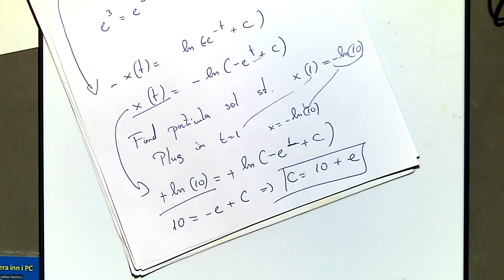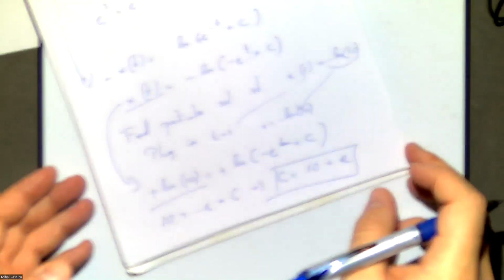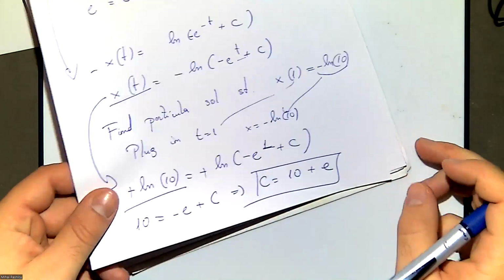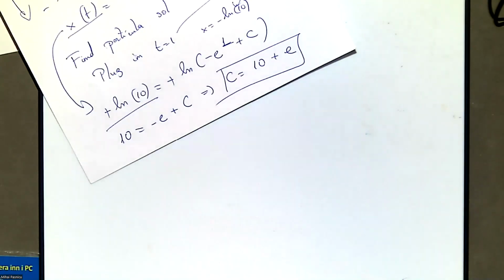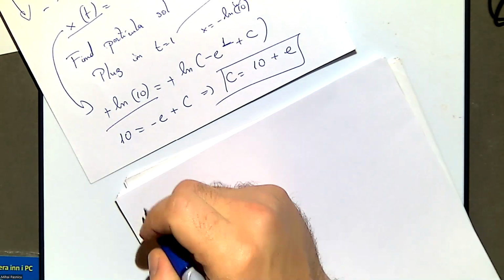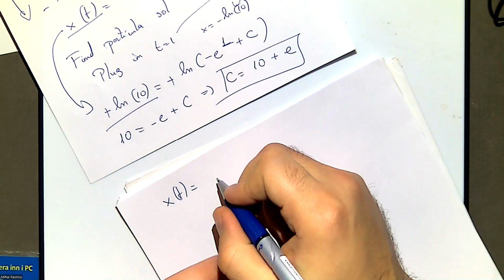And at this point, it's over. If you want to be a nice person and make it easier on the grader, especially if you're comfortable that you did the correct thing, you can just say x of t is equal to, and just replace the c.